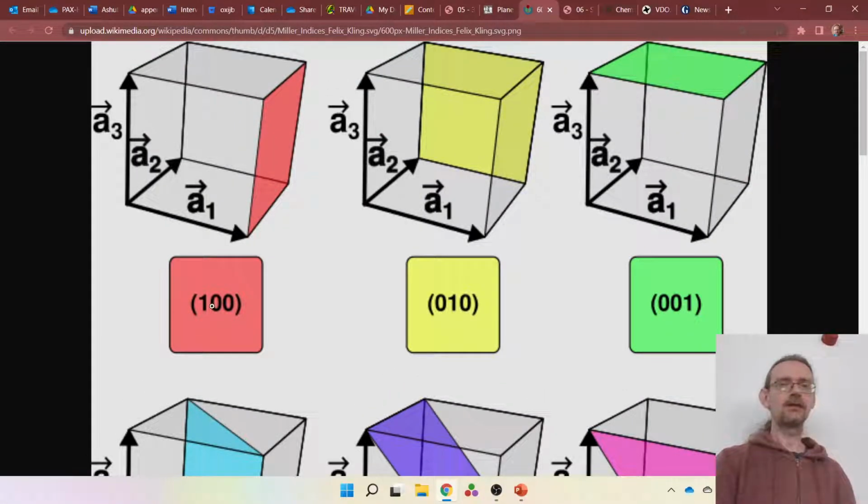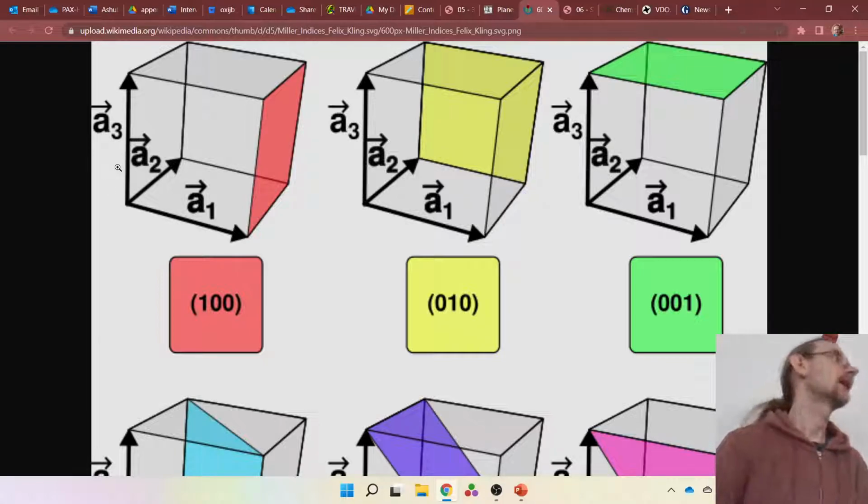The 1, 0, 0 cuts the x-axis at 1, but it never cuts the y or z axis. So it's a plane that's parallel to the y and z.